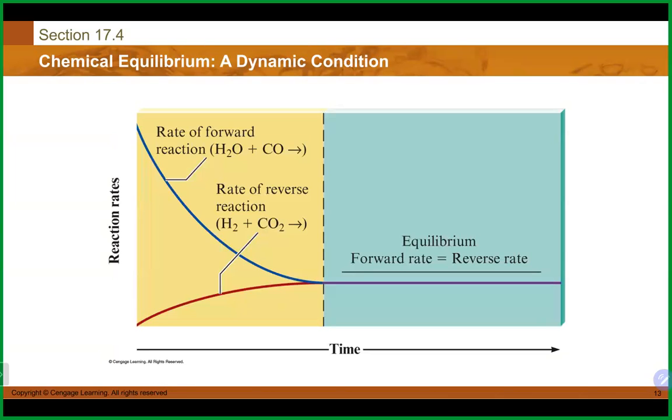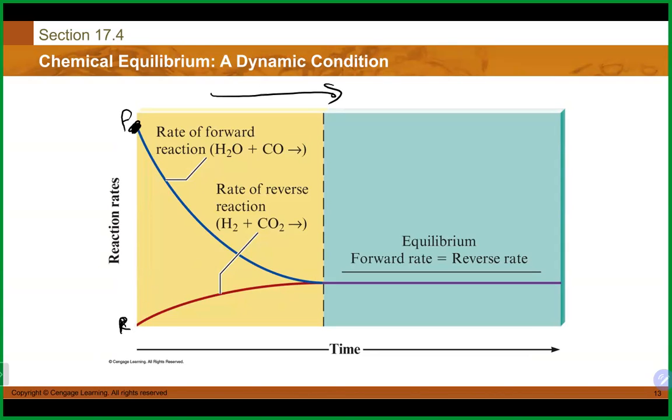So when we look at a reaction that reaches equilibrium, in a lot of cases, if this is our products, if you will, our reverse reaction, this is our forward reaction, our reactants. Pretty much when we start, it's all about reactants, and really the forward direction predominates in this reaction, especially if we have no products to begin with.